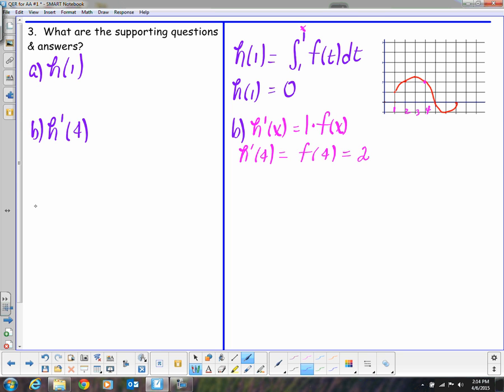So now we're going to go to part C, and now part C is going to require some work. It says, on what interval or intervals is the graph of h concave up? So I want to know when h is concave up. Now we talked about that concavity works with first derivative increasing or second derivative being positive.